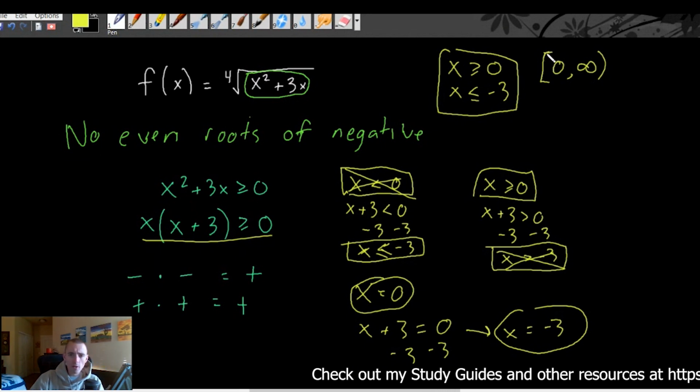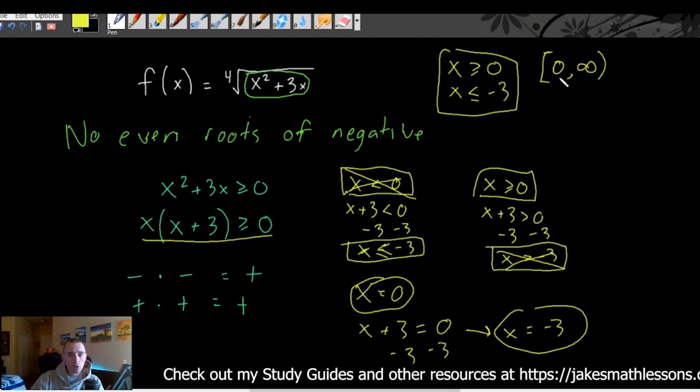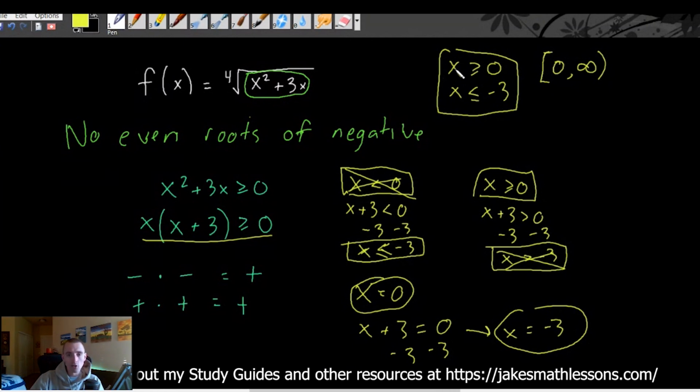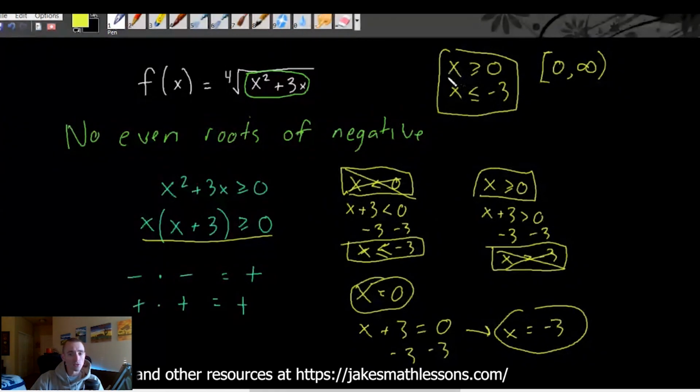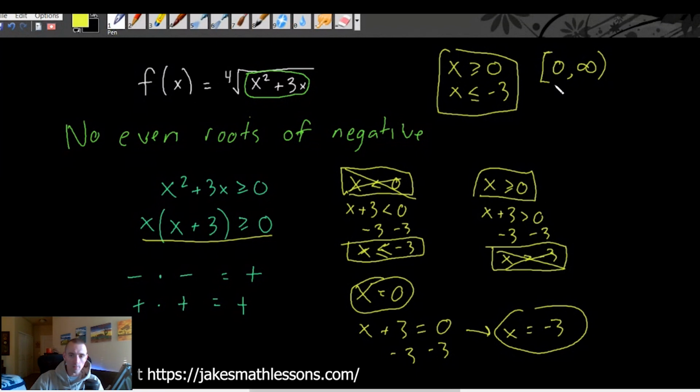The square bracket tells us that this endpoint is included in our domain. Since it's greater than or equal to 0, we need a square bracket here. If we just had x greater than 0, this would need to be a round parenthesis instead. So the square bracket is for equal to, the round parenthesis is for just less than or greater than.